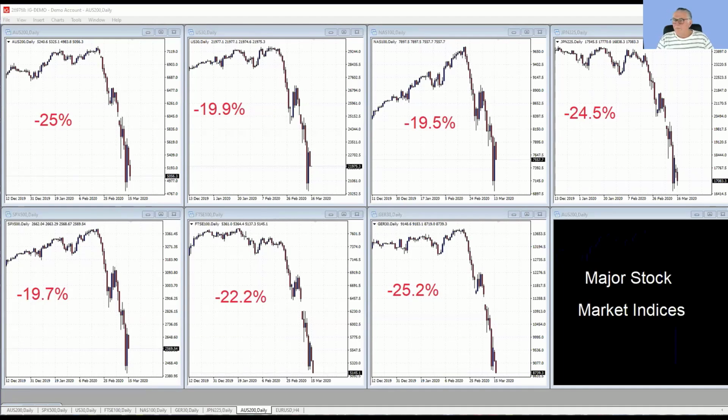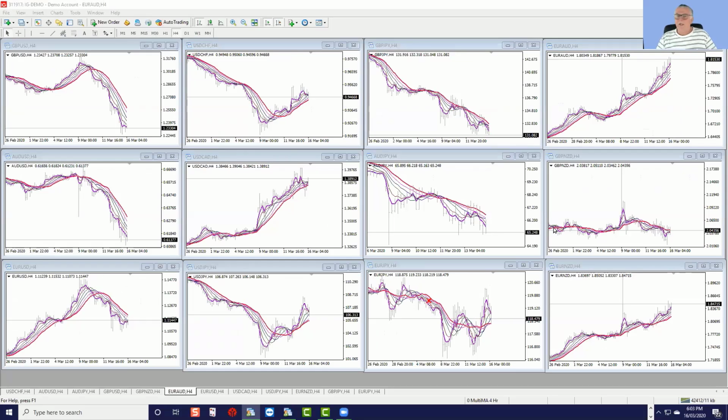All right, so what we're looking at here are the currency charts in the format of the multiple moving averages. There was quite a bit of discussion last week about dominance of the US dollar and the yen, and we can see a lot of that playing out.